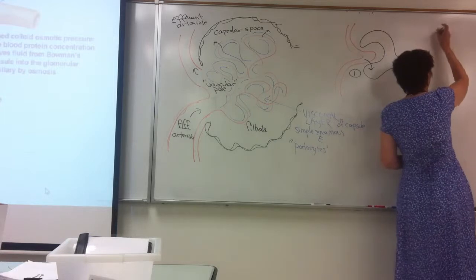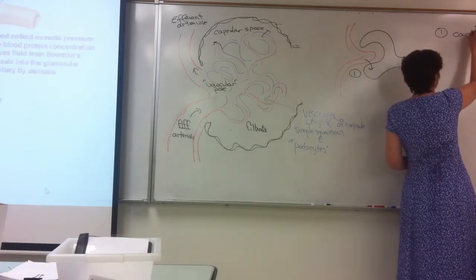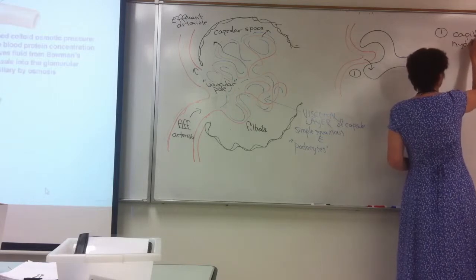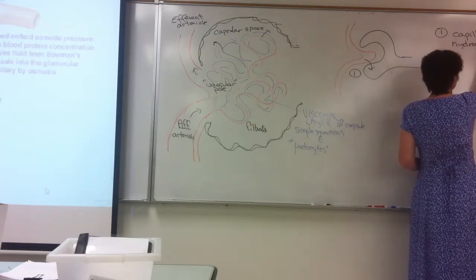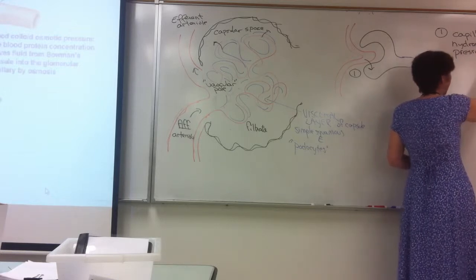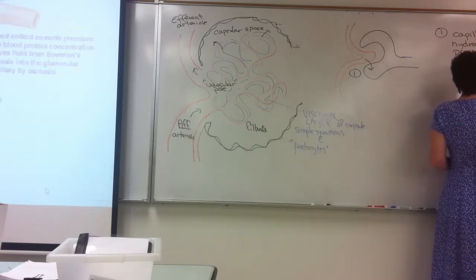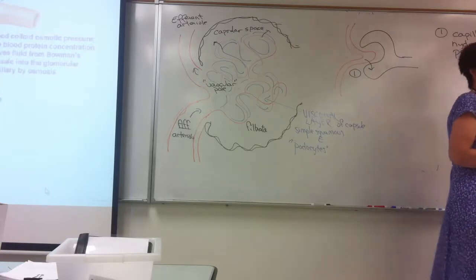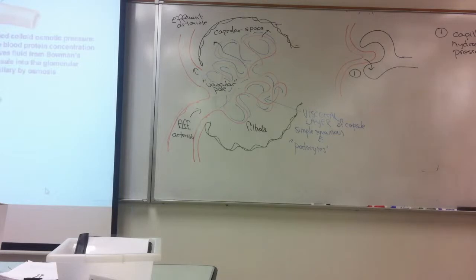That's identified as capillary blood pressure or capillary hydrostatic pressure, and it's around 50 to 55 millimeters of mercury. This is higher than our typical capillary pressure throughout the body.